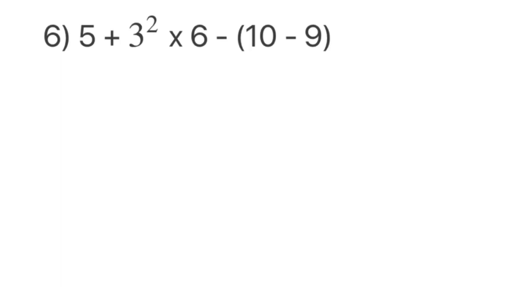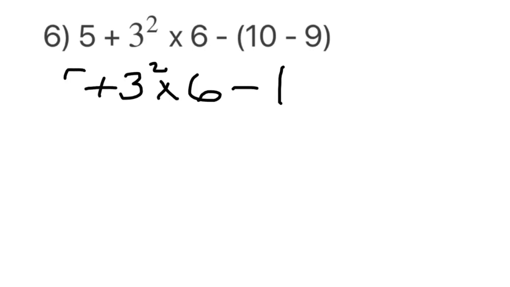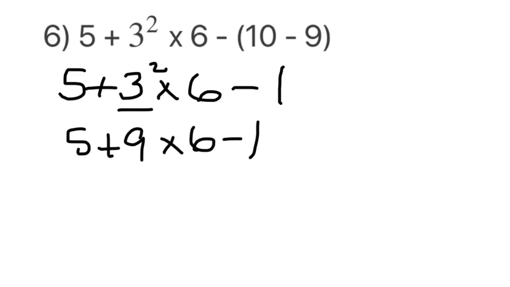So for number 6, we're going to start with parentheses. We're going to do 10 minus 9, which is 1. And we're going to copy everything outside parentheses exactly as we see it. And then we're going to do exponents. 3 squared is 9. And we're going to copy everything else exactly as we see it. So we've done parentheses, we've done exponents.